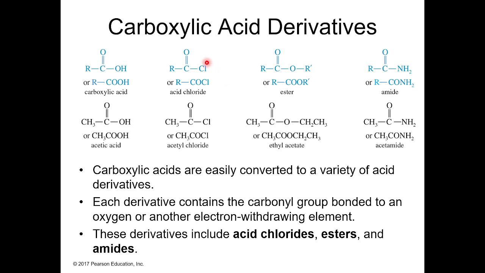This is the acid chloride. See how it's like a carboxylic acid, but instead of an OH, you have a chloride. Okay? And right there, that's the esters. This one has a unique name because it's an incredibly important common group in nature. Okay? And that's where you'll see that the most.